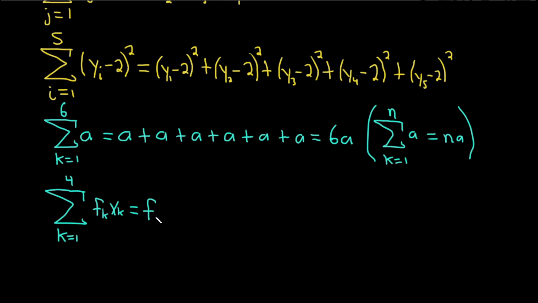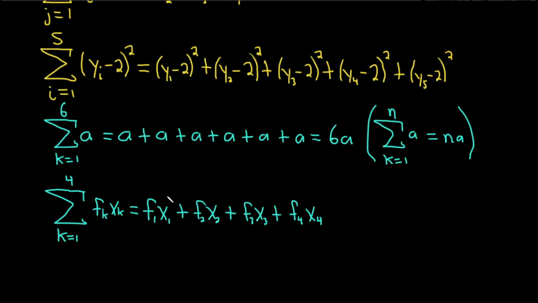So it'll look like this, f1 x1, and then you add, plus f2 x2, and then you add f3 x3, and then you add, then you get f4 and then x4. So this comes up a lot when you're doing weighted means and stuff like that, or in other areas of math, right? Really important to be comfortable with this notation.